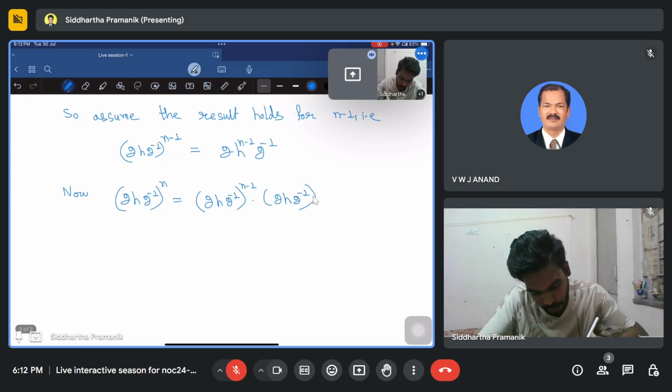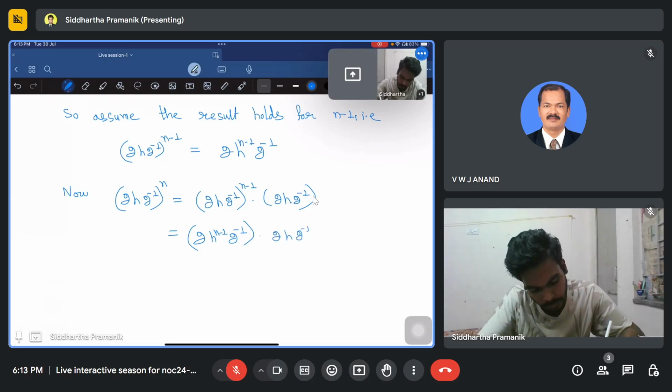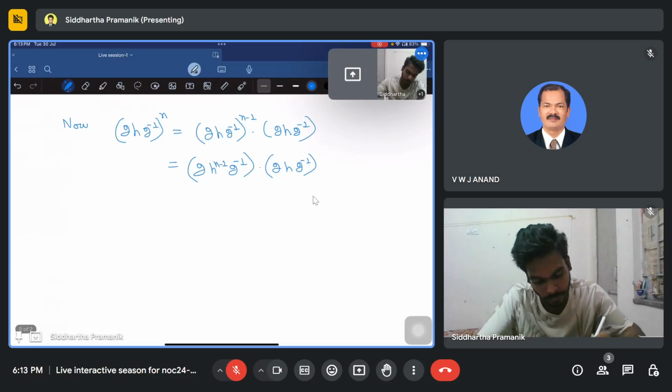Now the first part is same as g h^(n-1) g inverse. Now we will just use the associativity property.